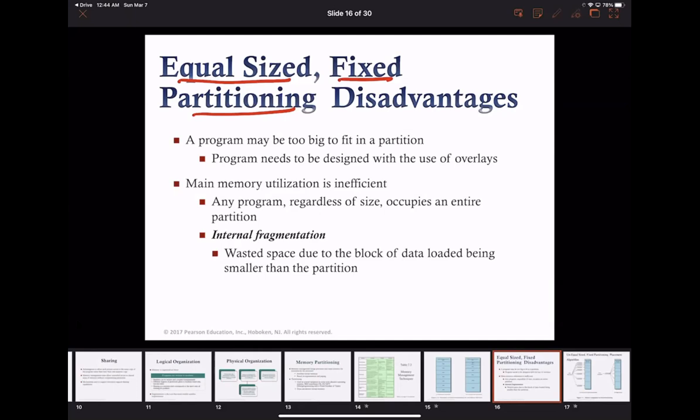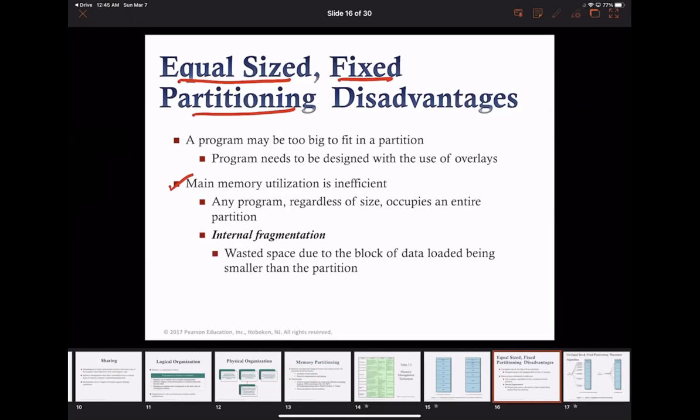Another problem is we might have a situation where the main memory utilization is extremely inefficient, which might see a scenario where any program, no matter how small, would occupy an entire partition. In our example here, we might see a program that has a length of less than even 2 megabytes, and it could occupy an 8 megabyte partition. Keep in mind, scanning of memory goes from top to bottom.